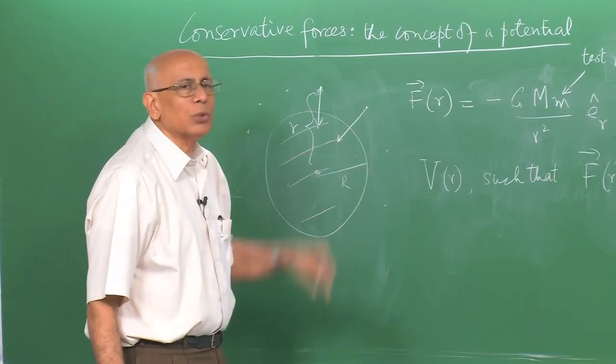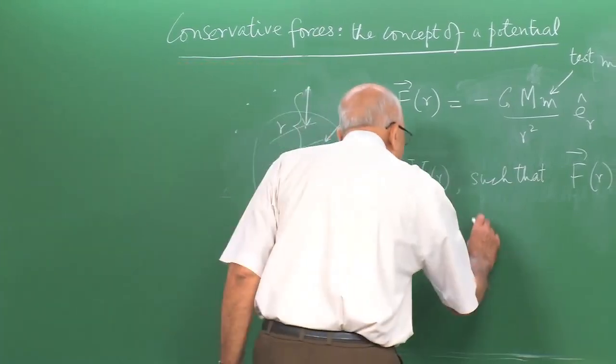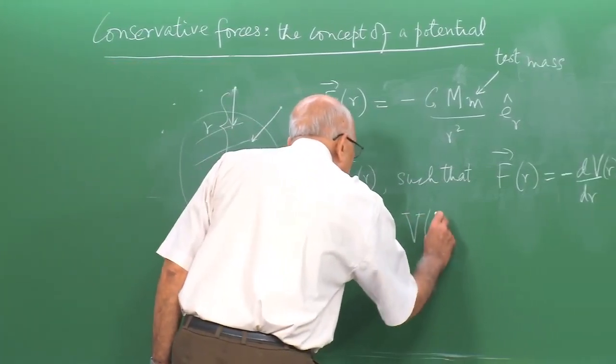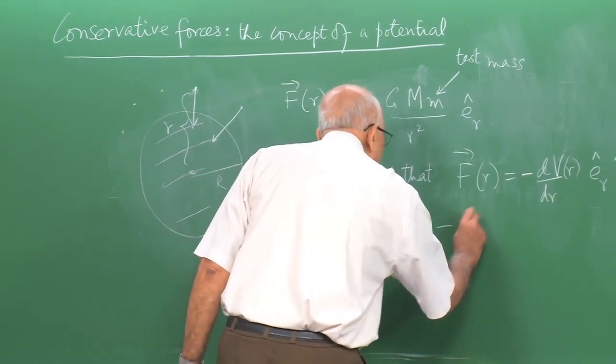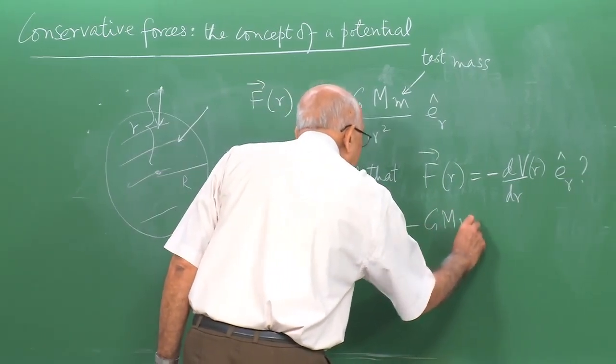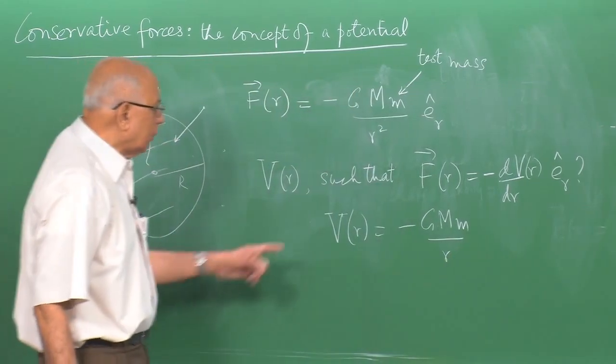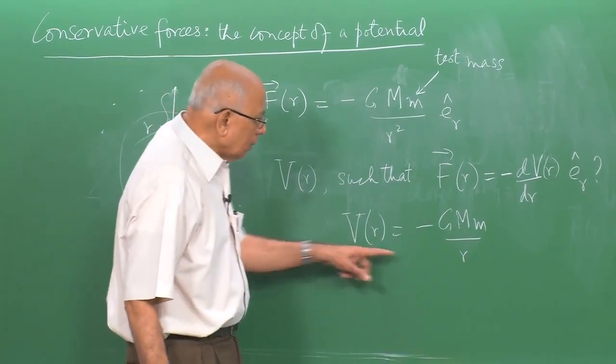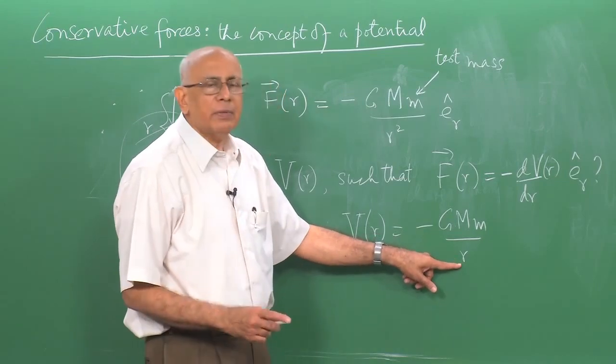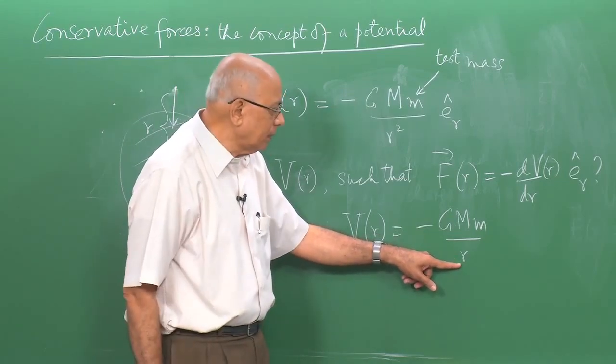And inspection shows you that you can, because you can immediately see that if I choose V of r equal to minus G M m over r and nothing else, then if I differentiate this quantity, because I have a 1 over r, the derivative is minus 1 over r squared.